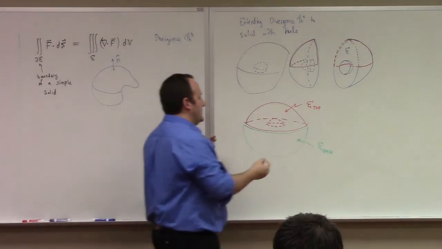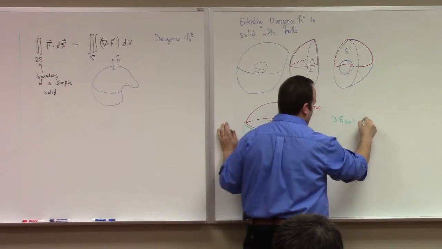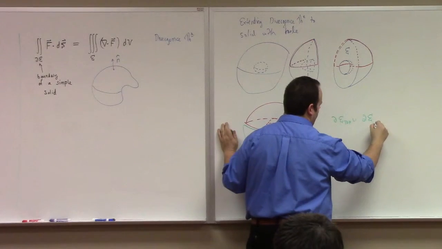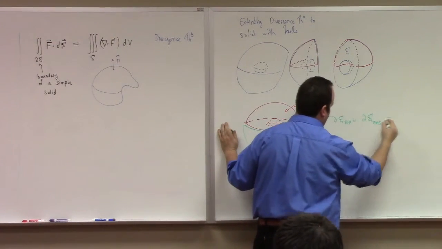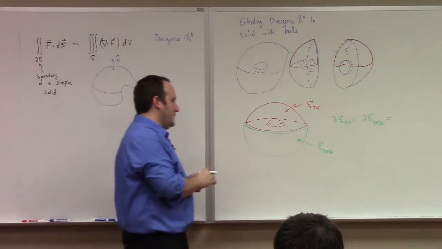And you see what happens is that the boundary of the top unioned with the boundary of the base is what? It's the boundary of the whole thing, provided what?